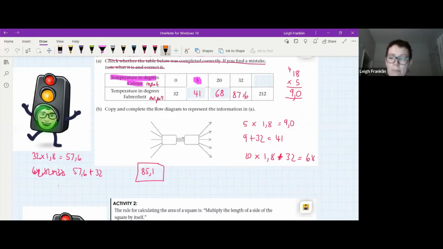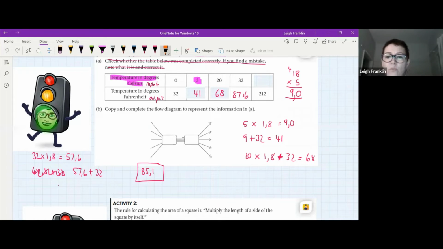So the green paper is the first layer of wrapping paper, and the red paper is the second layer. Now let's pretend your mom gives you this present and says, here you go, unwrap it. Which layer of wrapping paper are you going to take off first? The red. You're going to take off the outer layer, aren't you? And only then are you going to be able to take off the inner layer, which was green.